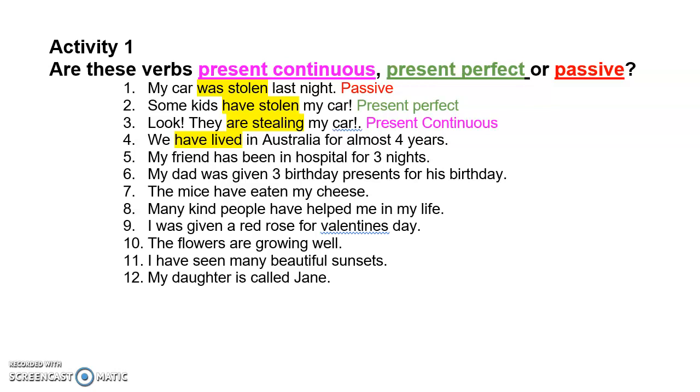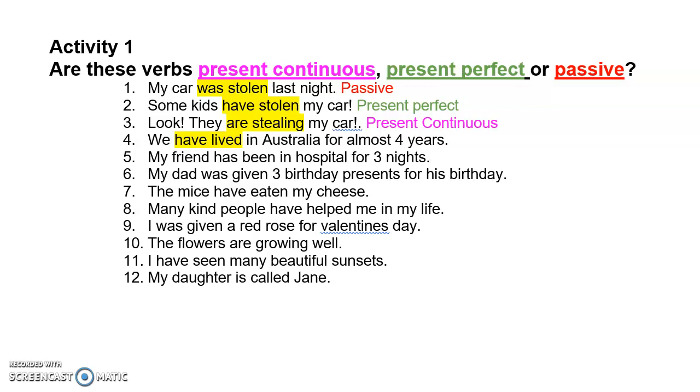Number 2, some kids have stolen my car. The verb have stolen. The verb starts with the to have verb and it ends with the past participle stolen. This verb is a present perfect verb. That's why I've written present perfect in green after the sentence.